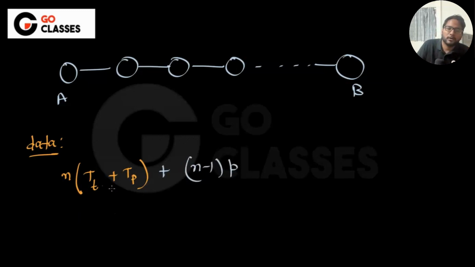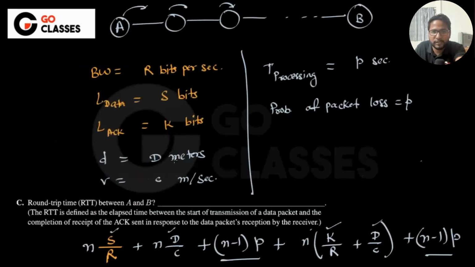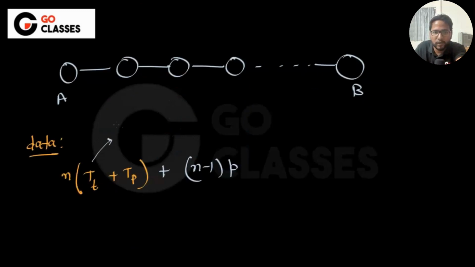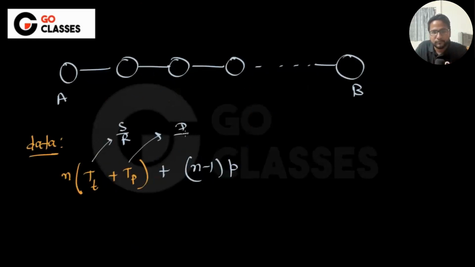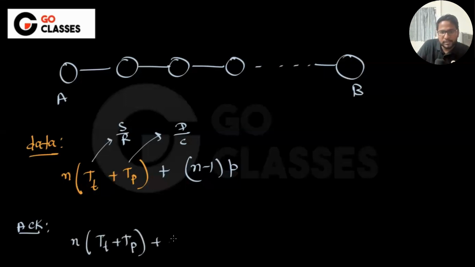Okay. So this transmission time basically depends on the length, which is S upon R. Propagation time is distance upon velocity, capital D upon small c. Similarly, for ACK, n into TT plus TP plus n minus 1 into P, right?